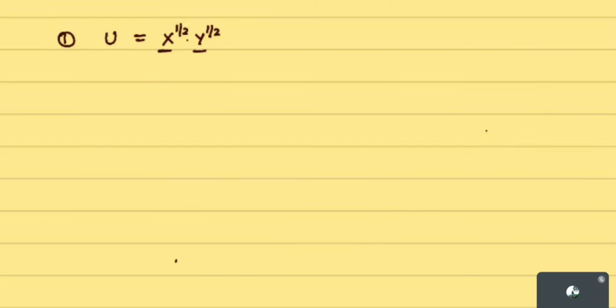But there must be a positive amount of both good X and good Y. In case you are consuming zero of Y, you are not going to consume any units of good X either, so you will get zero utility. So Cobb-Douglas type means there is some substitution or complement nature between good X and good Y. You will consume both the goods in some positive combination.